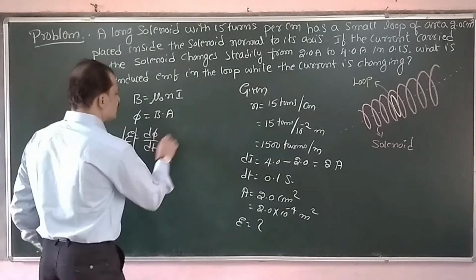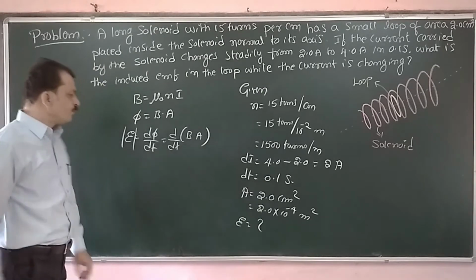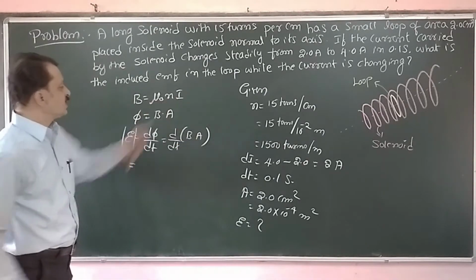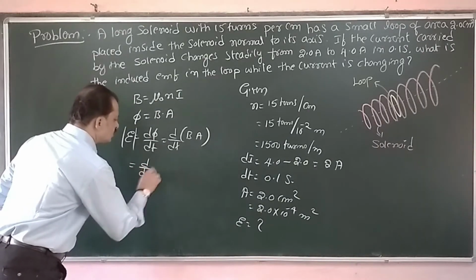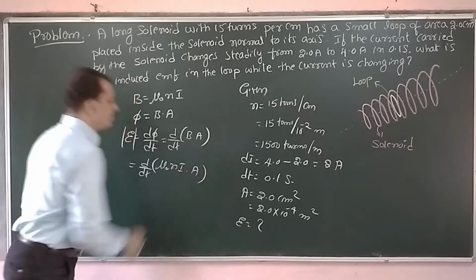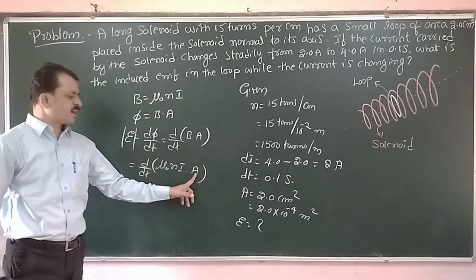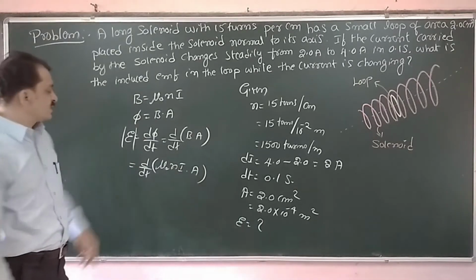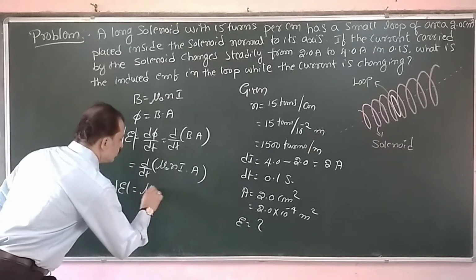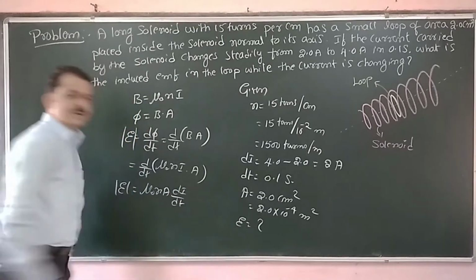Substitute for the flux, that is d by dt of B into A. Now the A value is given, and for B substitute μ0 n I into A. Here μ0, n and A are constants, they are not variables, only the current is variable. Therefore the magnitude of the induced EMF is μ0 n A into dI by dt.